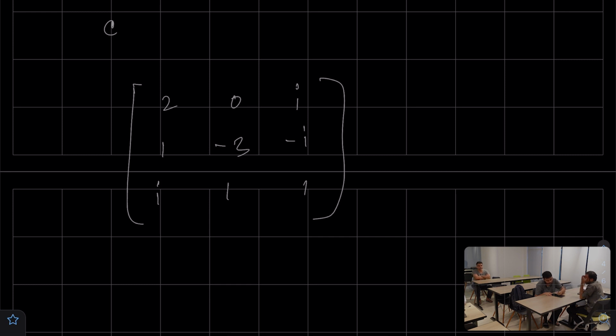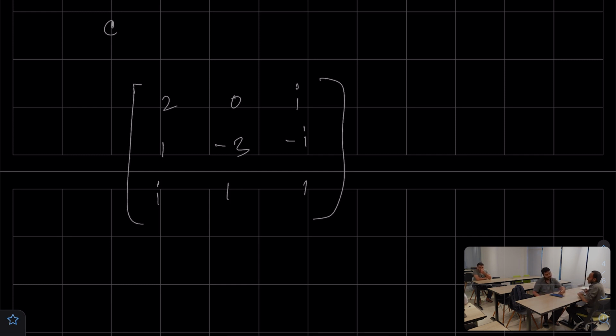So the matrix is: 2, 0, i; 1, minus 3, minus i; 2, 0, i; 1, minus 3, minus i; 1, minus 3, minus i, 2; i, 1, 1. It is the same as the exercise we already did, session 11.